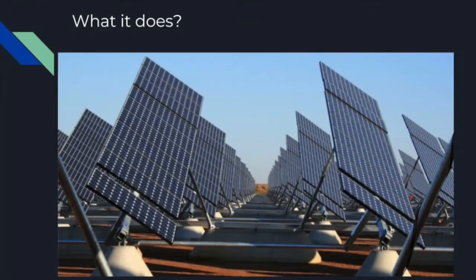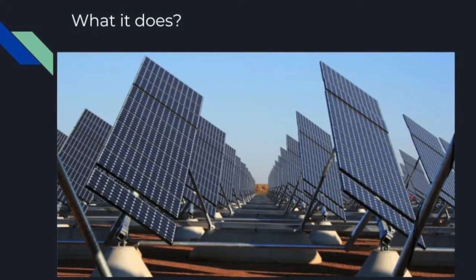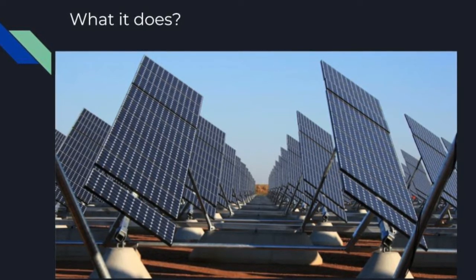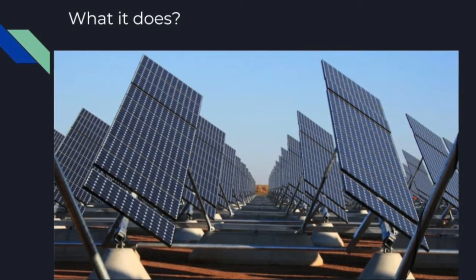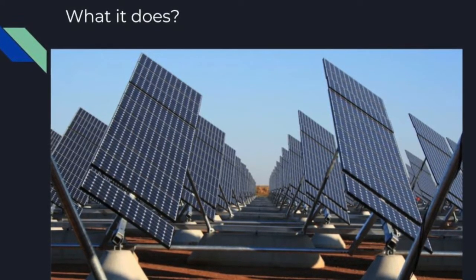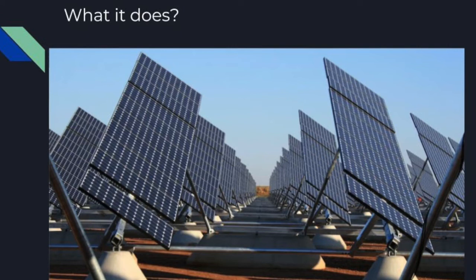So one solar cell by itself won't be able to generate a lot of useful current that we need. So by combining many multiple cells together, we get what's called a solar panel.